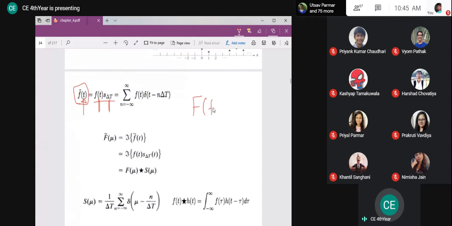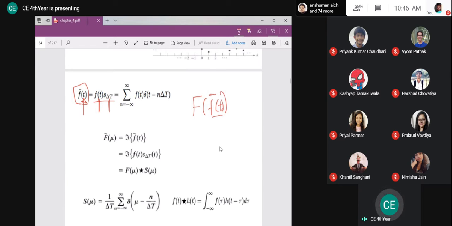Whenever I do any operation on an image, it is actually my sampled version, not my continuous version. So whenever I find the Fourier transform of an image, I am actually finding the Fourier transform of a sampled version. So I am interested in the Fourier transform of my sampled function.